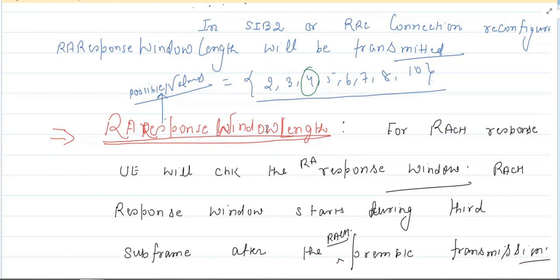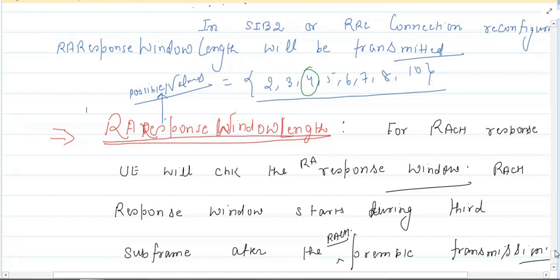The eNodeB will inform the UE how many subframes it should keep monitoring for the RACH response, and the possible values are 2, 3, 4, 5, 6, 7, 8, 9, 10, based on PDCCH and PDSCH interference. The signal processing engineer finds this value. These are the possible values for the RACH response window length. Suppose in this example I am taking the RACH response window size, suppose the network sets 4.